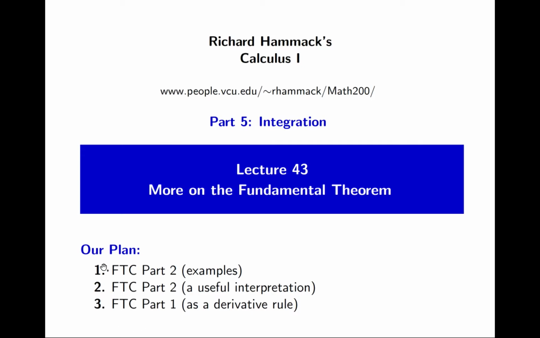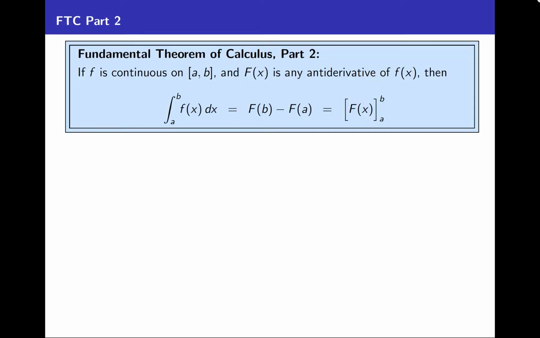So let's go to the first item on our plan and look at some examples of part 2 of the fundamental theorem. Here's a quick reminder. The fundamental theorem of calculus part 2 states that if little f is continuous on the closed interval from a to b, and big F of x is any antiderivative of little f of x, then the integral from a to b of little f of x dx equals big F of b minus big F of a.